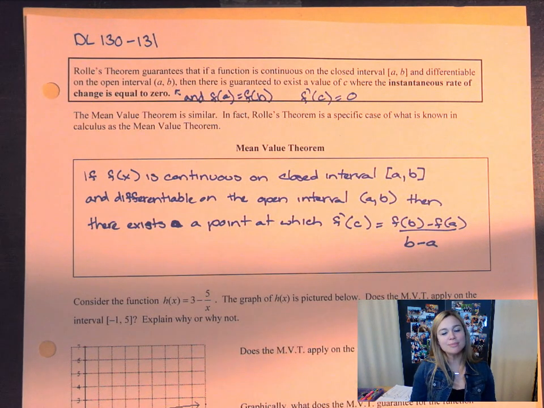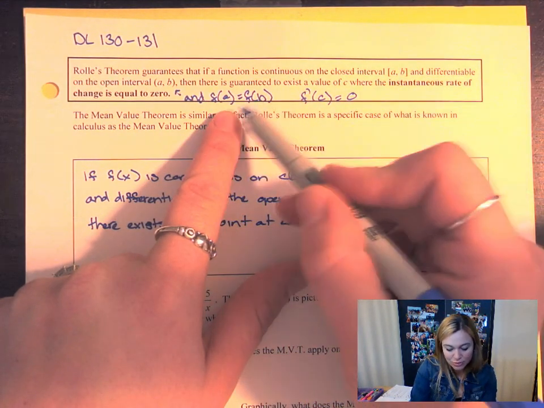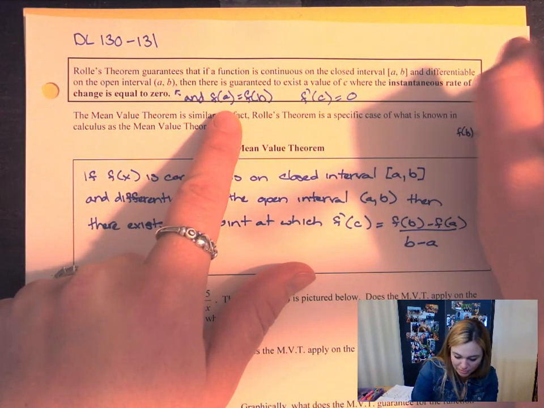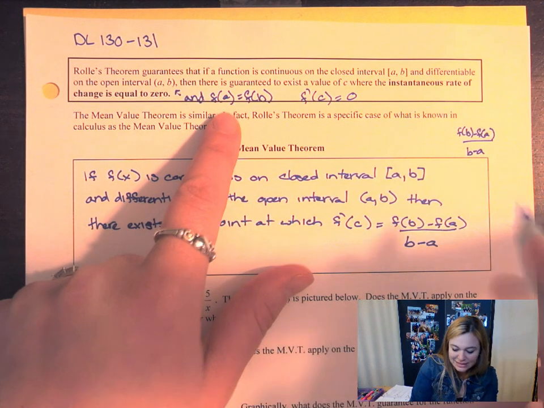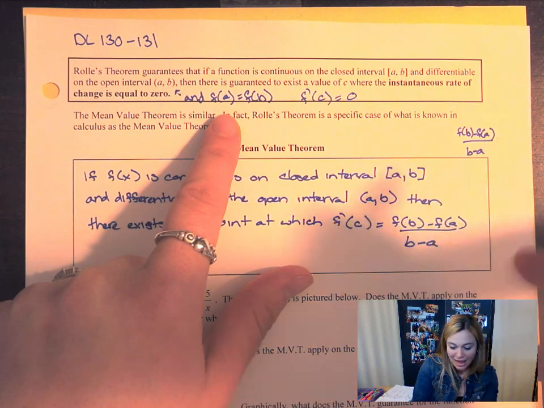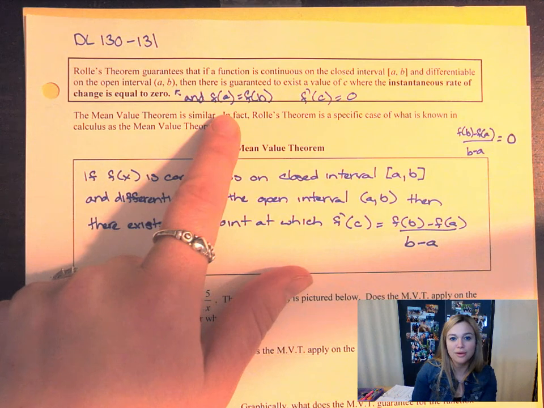This relates to Rolle's theorem. If f of a equals f of b, then look at f of b minus f of a over b minus a. The same value minus the same value, and anytime you subtract the same number, you get 0.